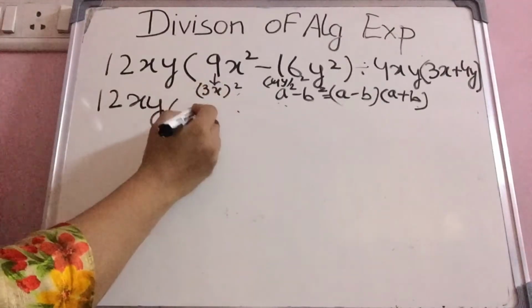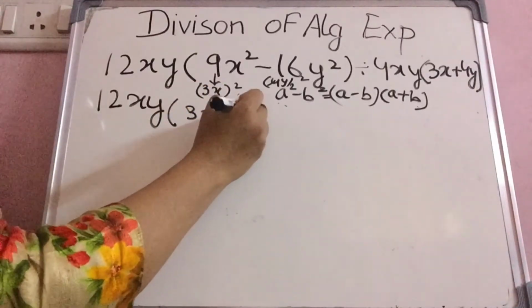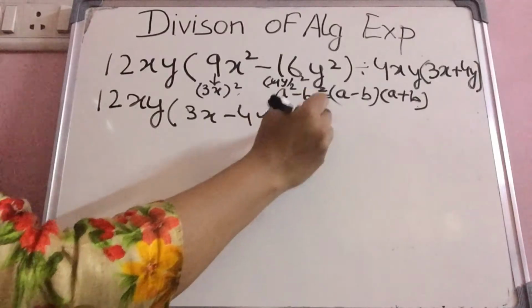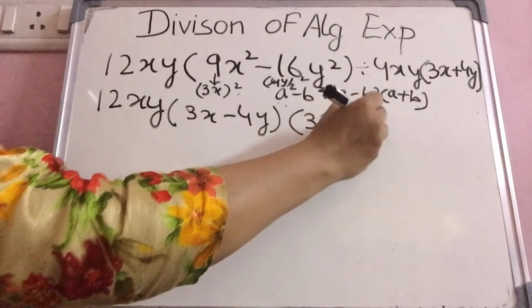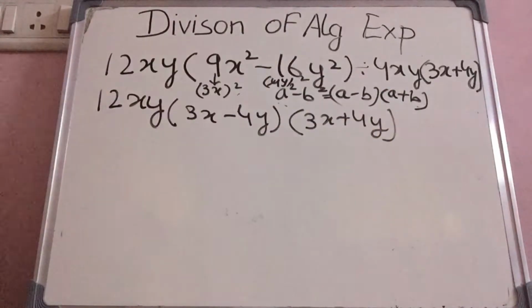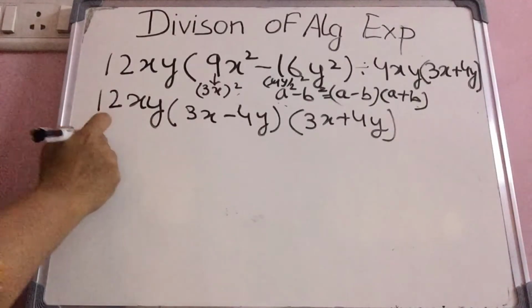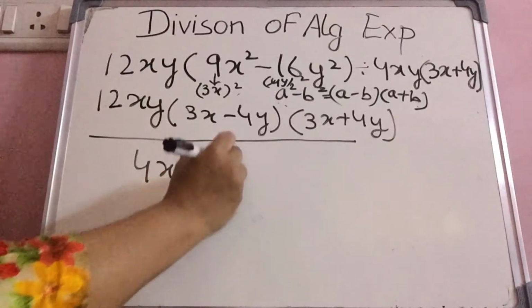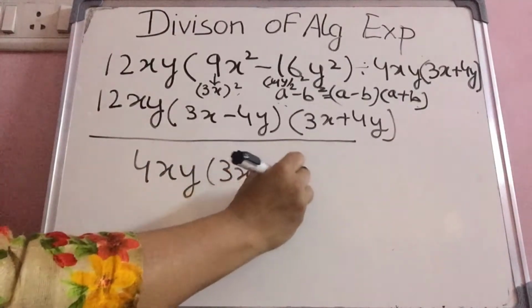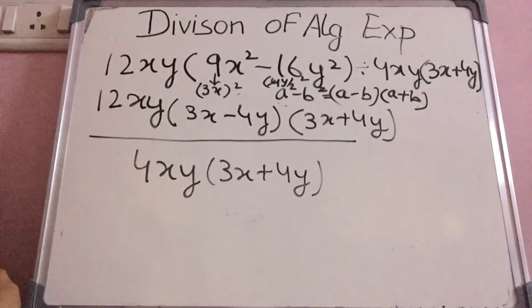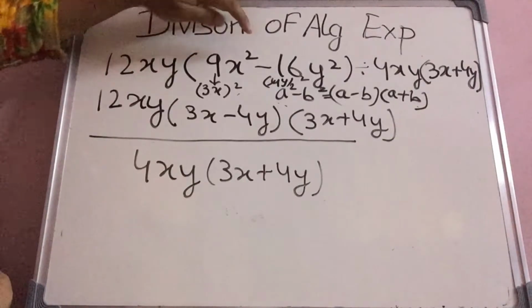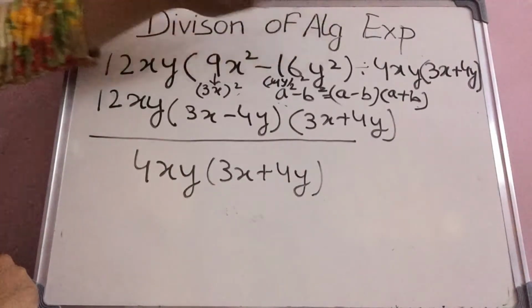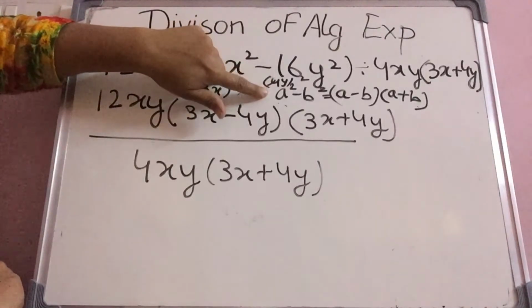In one bracket we will have 3x minus 4y, and in the other bracket we will have 3x plus 4y. We have to divide this by 4xy, 3x plus 4y.